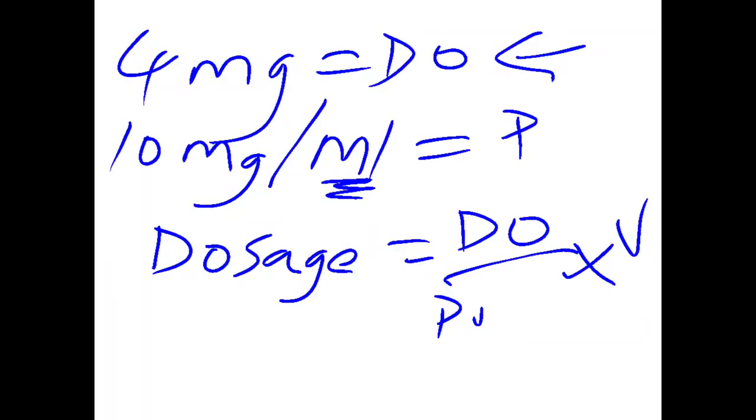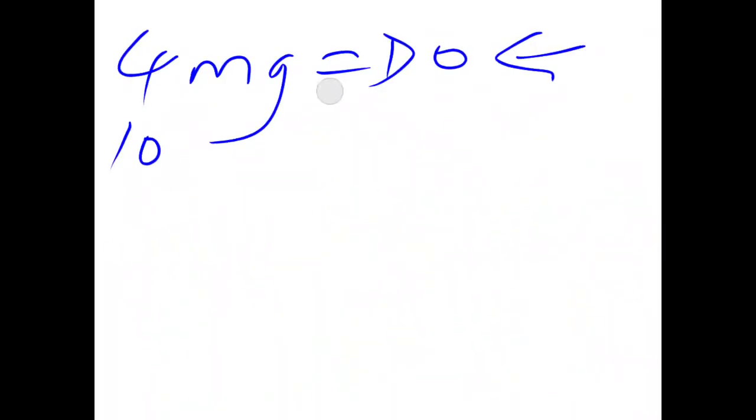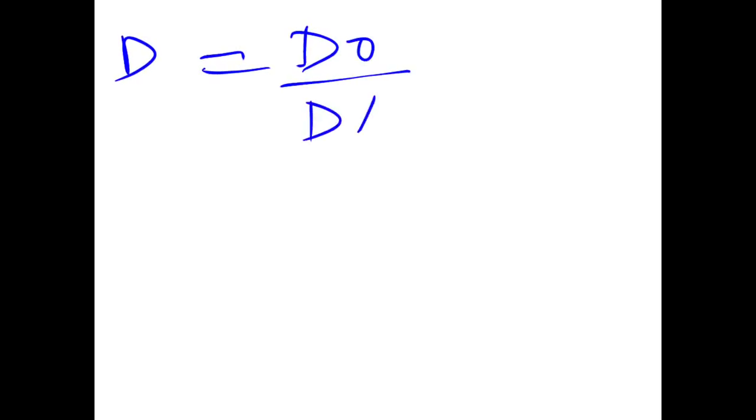So let me write the formula properly so that you're able to follow. Don't forget those figures that I've given you. The dosage equals the doctor's order divided by drug available, which is also the presentation, multiplied by the volume.